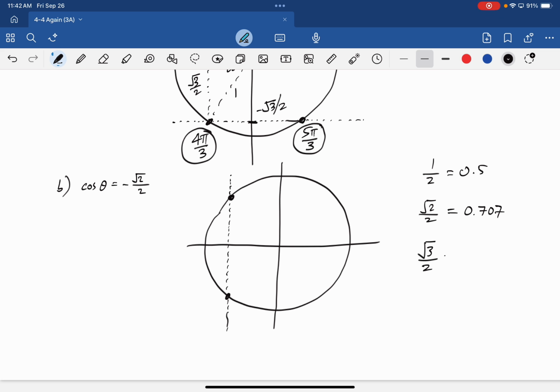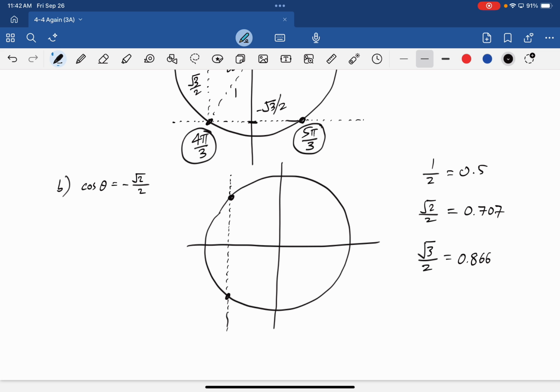And root 3 over 2 we all know, right? 0.8, 0.83. No. 0.866. Let me put my high five back into my bag. Everybody failed.